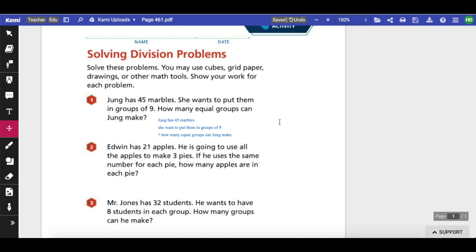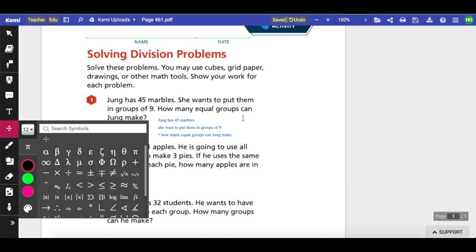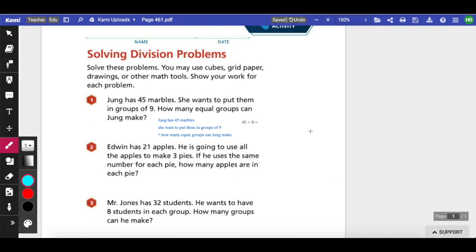And a tool that you can use to show division signs is if I press right here on equation and make a text box. So I pressed equation, making a text box. Now I'm doing 45. I want to find the division sign, which is here, divided by 9 equals, or I could just draw it and just write 45 divided by 9.